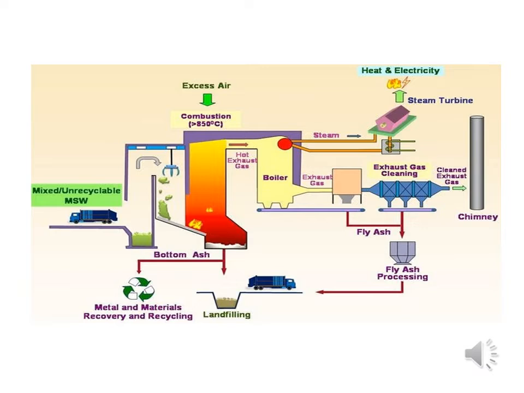The produced hot gas goes to the boiler. From that boiler we get steam, and that steam is given to a steam turbine, and from that turbine we get our energy source, that is electricity.